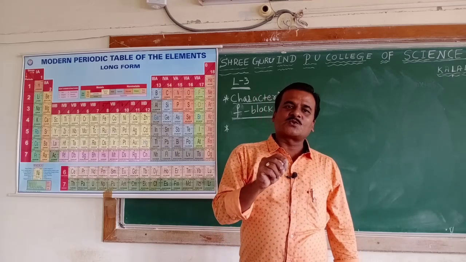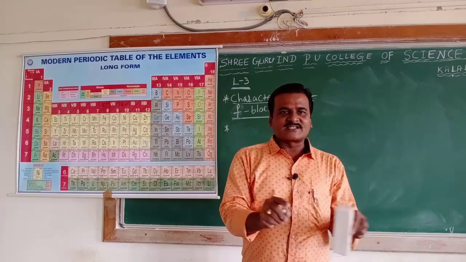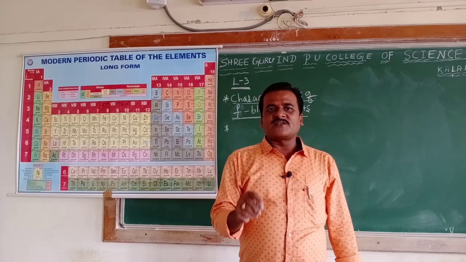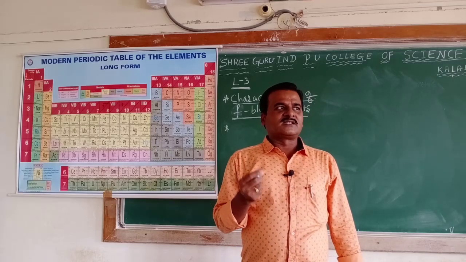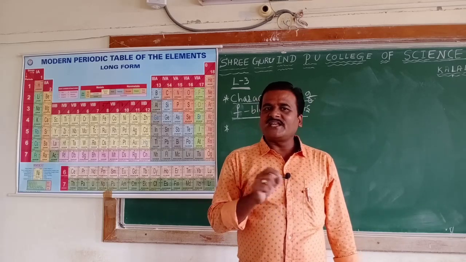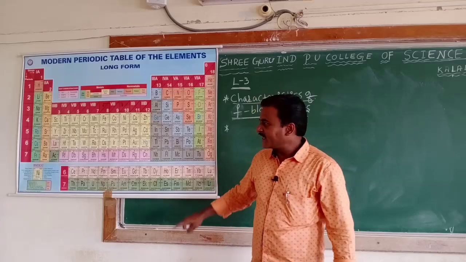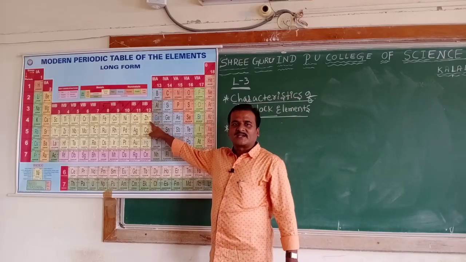Why are they called pseudo transition elements? In spite of being placed in the transition elements. As per the definition, the transition elements should contain half-filled, partially filled d orbitals, but when you take the d orbitals of zinc, it is completely filled.